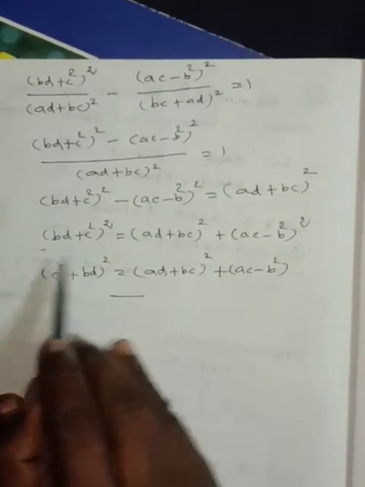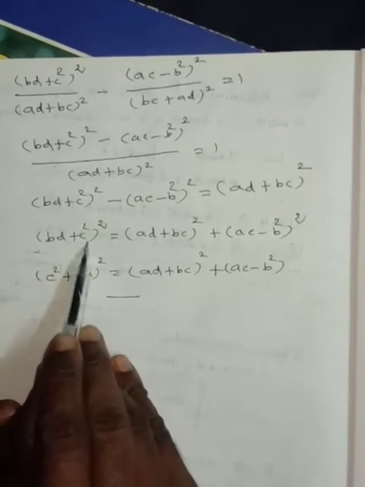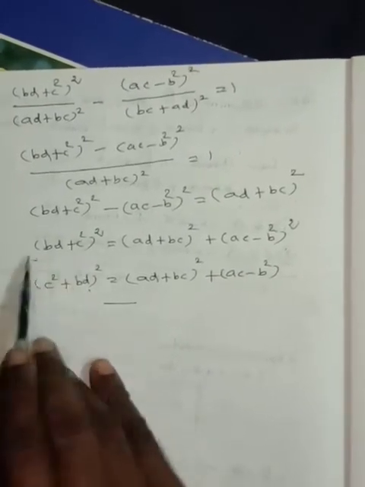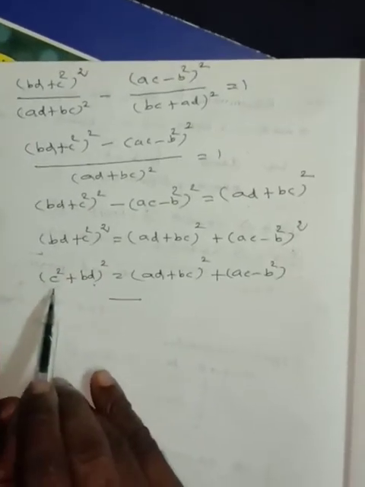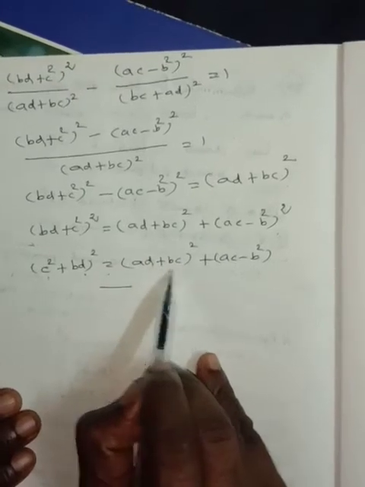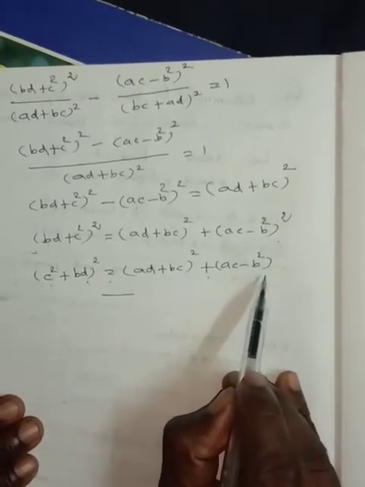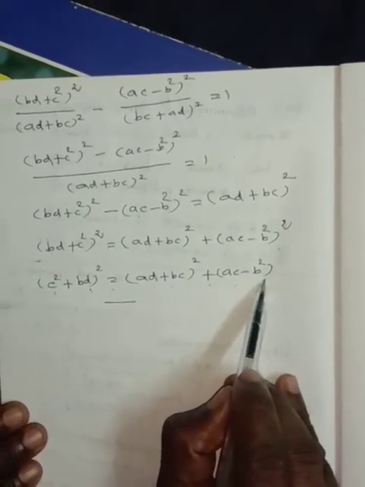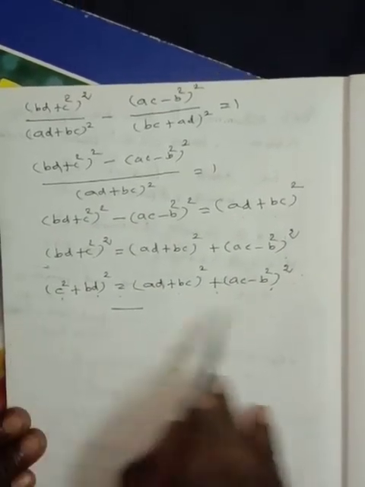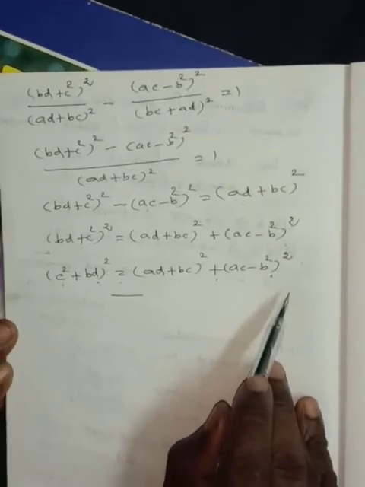Now bd plus c square can be written in the form of c square plus bd. Addition is an operation, therefore interchanging there is no change. So c square plus bd whole square is equal to ad plus bc whole square plus ac minus b square whole square. So this line gives the elimination of theta.